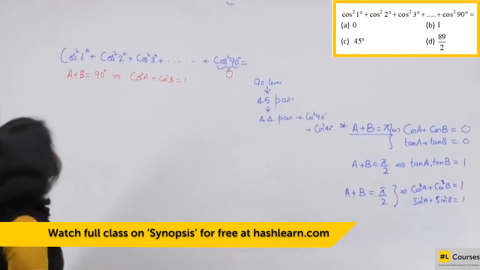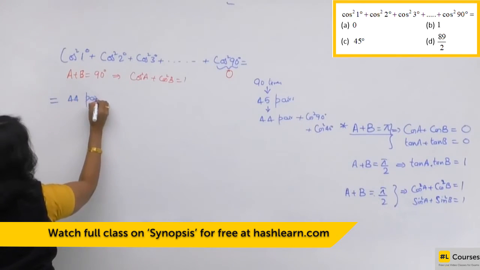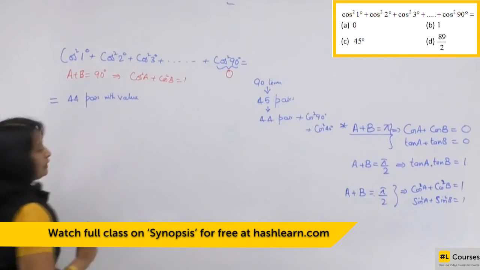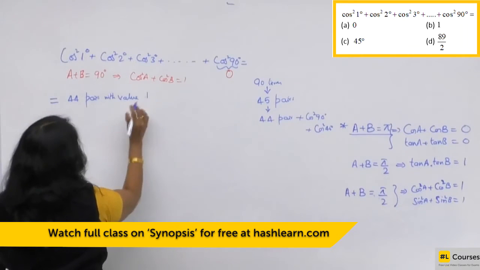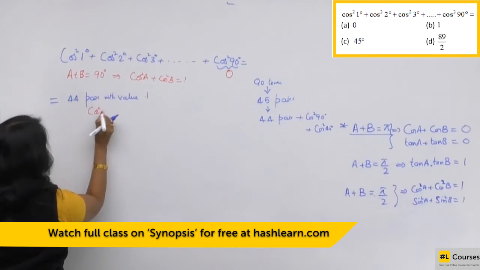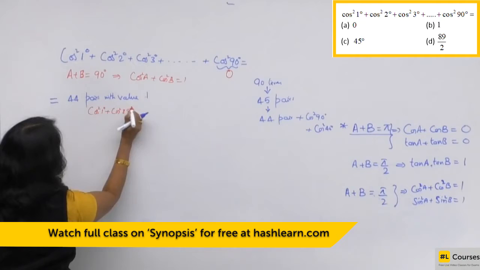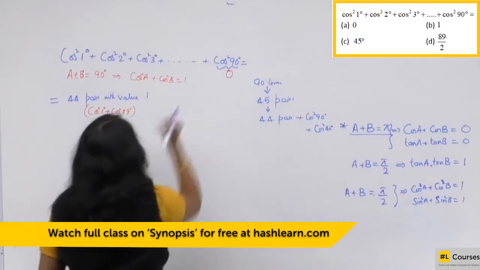So what do I decide here now? This is equal to 44 pairs with value 1. How am I telling this? This is nothing but cos square 1 degree plus cos square 89 degree, 89 plus 1 makes it 90.